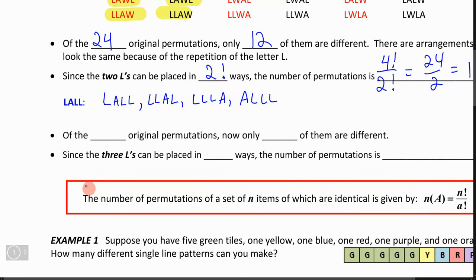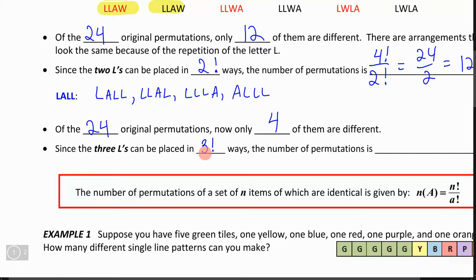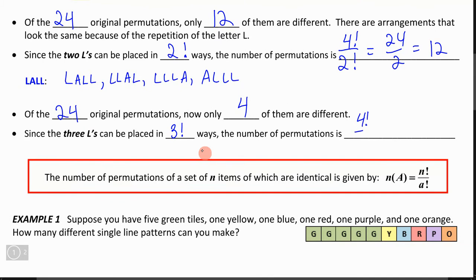So out of the original 24 permutations of arranging 4 letters in a word, now only 4 of them are different. Since 3 L's can be placed in 3 factorial ways, the number of permutations is 4 factorial divided by 3 factorial, which is equal to 24 over 6, or 4.